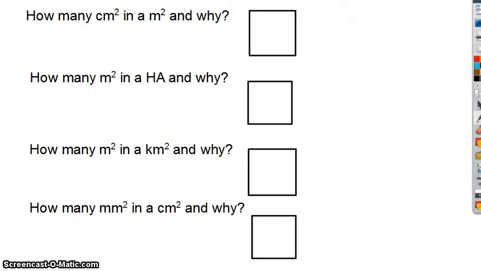So we'll start with how many centimetres squared in a metre squared and why. Now, a lot of people initially think that because there's 100 centimetres in a metre, there must be 100 centimetres squared in a metre squared.